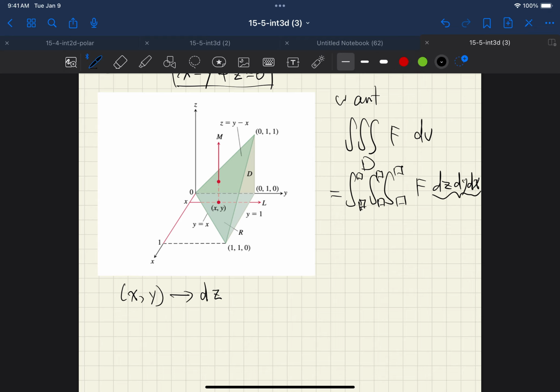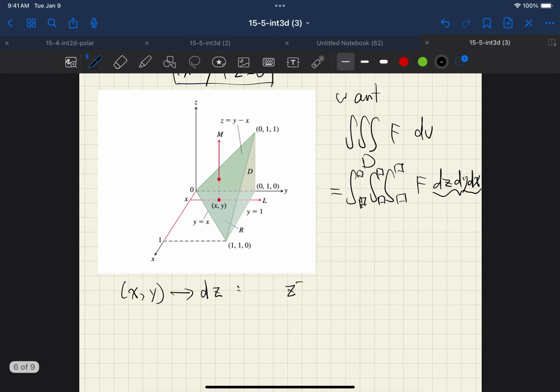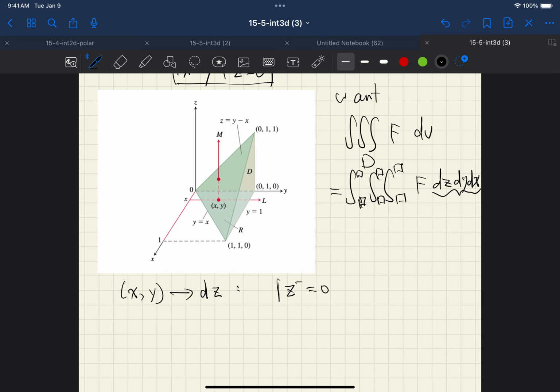So x and y are fixed at some point, and then we go along the z-axis and see when it starts and when it ends in the object. So z minus, the lower limit, is basically 0, the z coordinate. So z minus is 0. This is simple. But what is z plus?